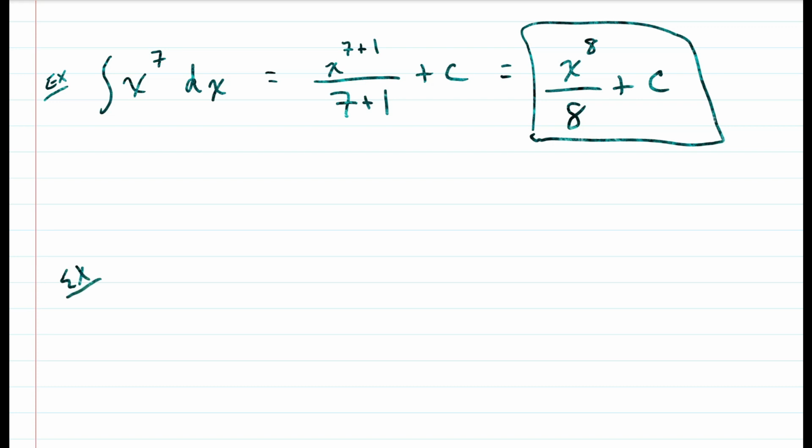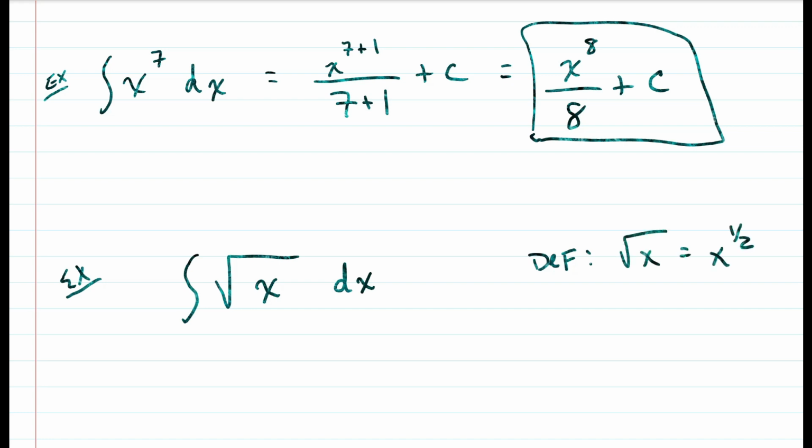And maybe another one we can try would be, let's go ahead and take the integral of the square root of x with respect to x. All right, so we know from basic definition from our pre-calculus or college algebra that the square root of x is equal to x to the 1/2 power, right?